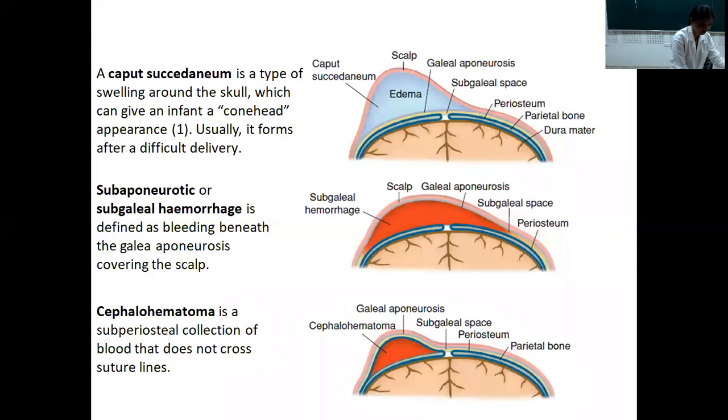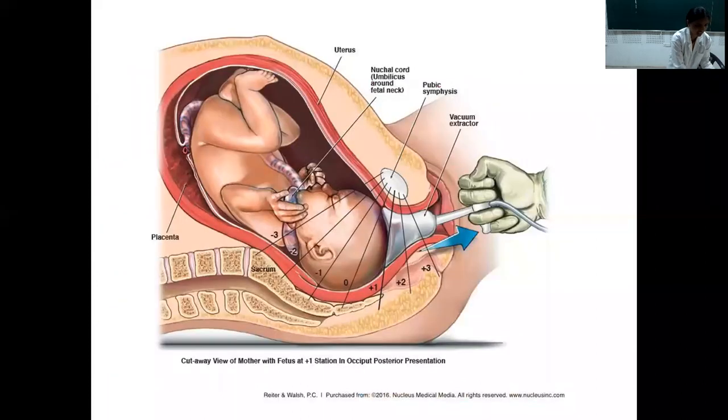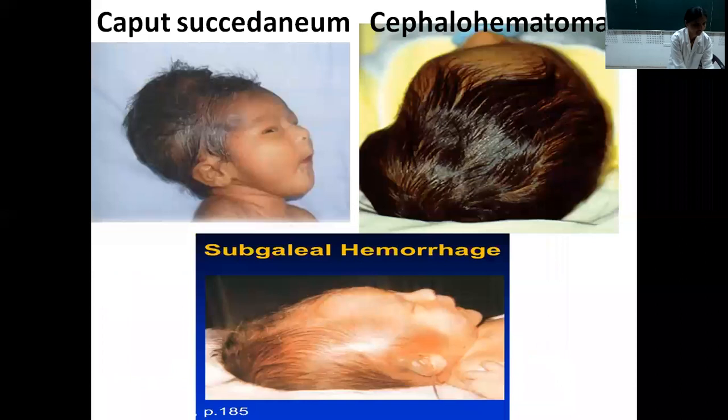For this you have to know what the layers present in the scalp are. So which layer is responsible for what, and you can clinically diagnose. So what is subaponeurotic hemorrhage or caput succedaneum or cephalohematoma? The knowledge of the scalp is very, very important. And here I have given three pictures. You see, this is the first picture, caput succedaneum.